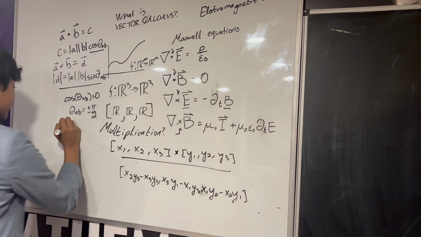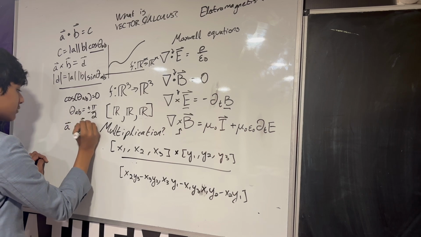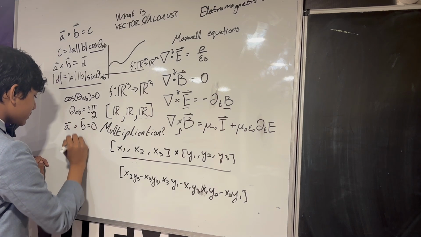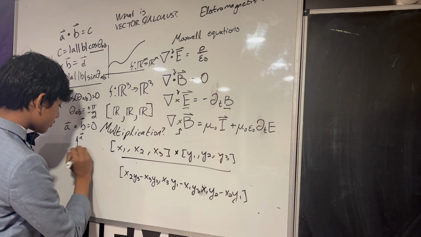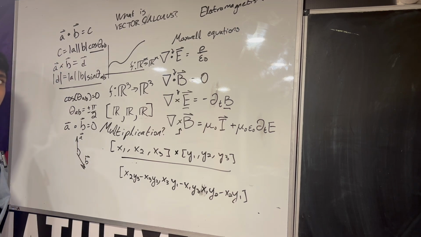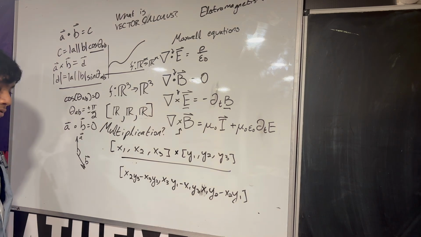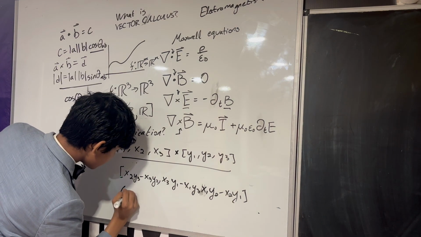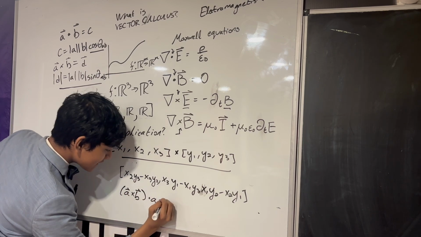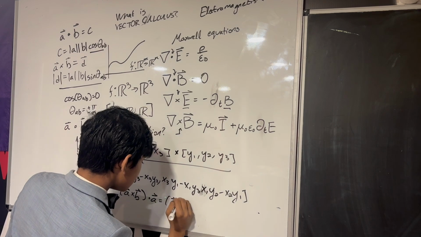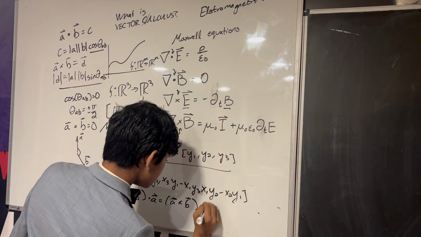Which means that if the dot product of two vectors is equal to 0, then the angle between them has to be 90 degrees. And as a consequence, since the cross product of a vector is perpendicular to it, you'll get that A cross B dot A is the exact same as A cross B dot B, because it's 0.